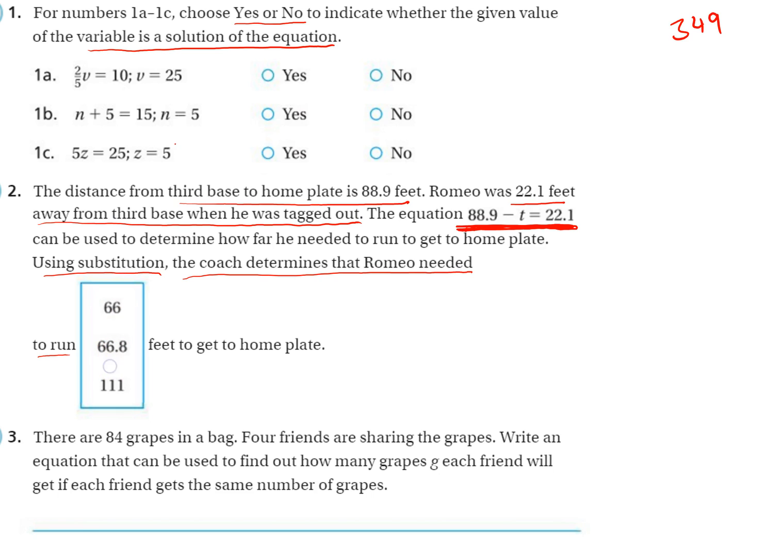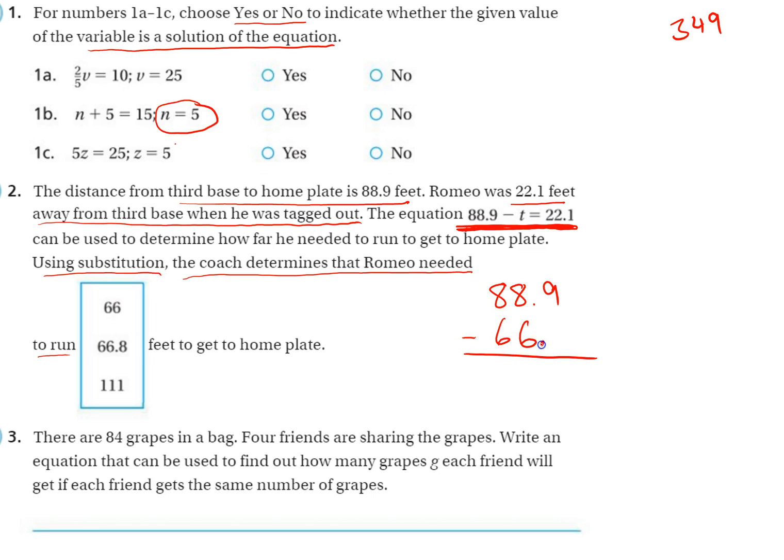This is very similar to problem number 1, except instead of just one value for the variable, they've given us 3 values, and we have to see which one of those 3 values makes the equation true. So I have 88.9 minus t, and let's try the first one, 66.